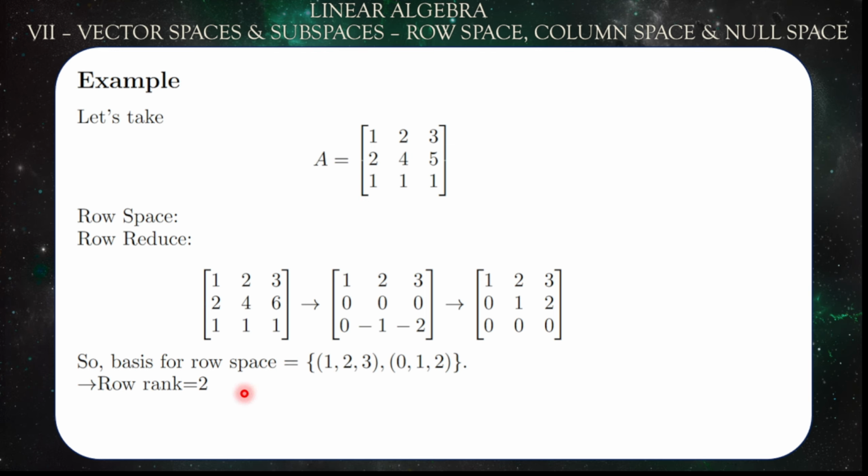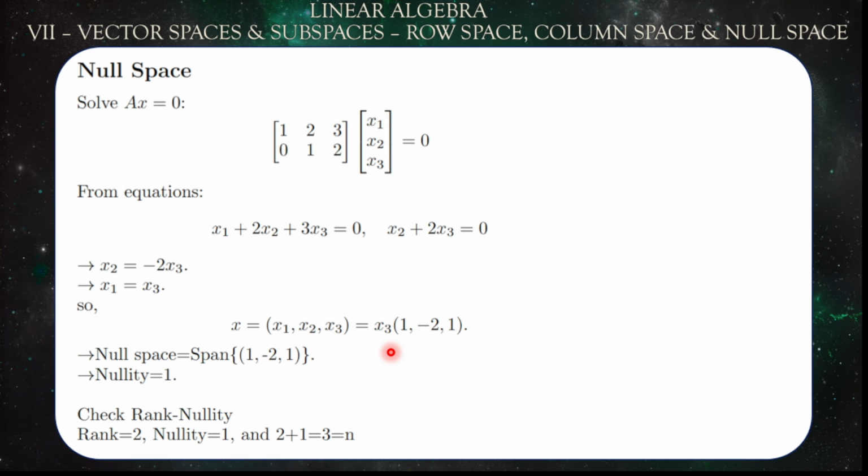So the row rank is, as a reminder of what we've previously explained, you take these two rows, 1, 2, 3 and 0, 1, 2, and multiply them by x, the vector of column variables, x1, x2, x3, or x, y, z if you will.